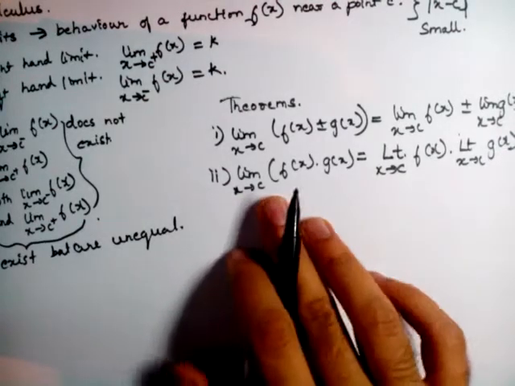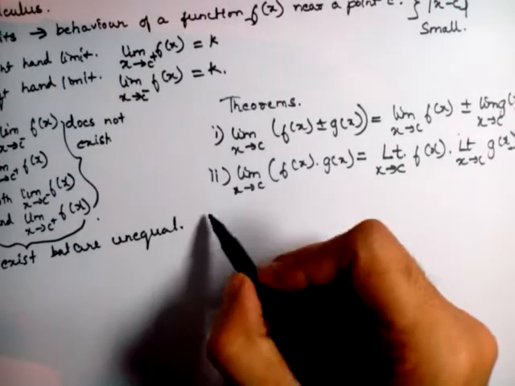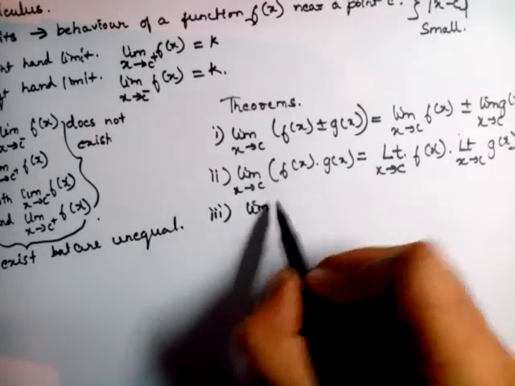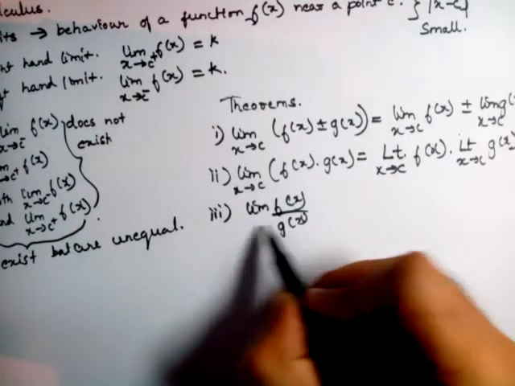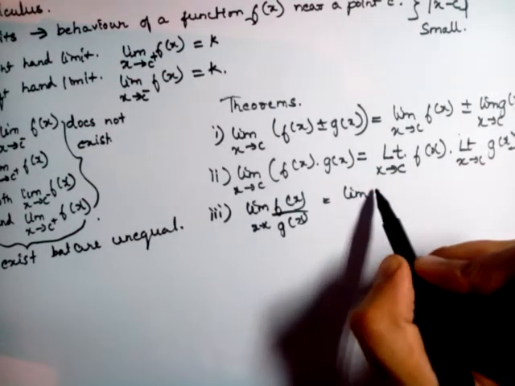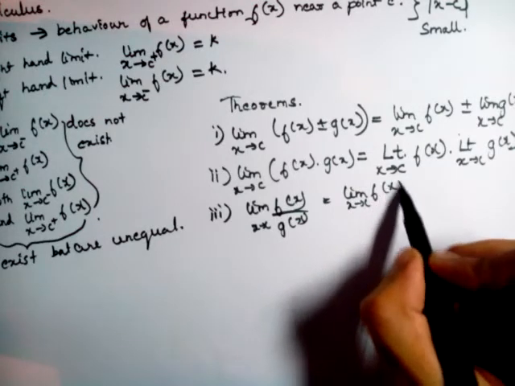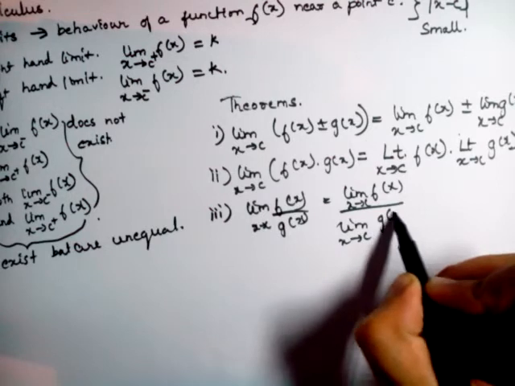So even if it's multiplication, you can apply limits to both f of x and g of x. Again, similarly, if it's limit of f of x by g of x, x tends to c, it equals limit of x tends to c f of x divided by limit of x tends to c g of x.